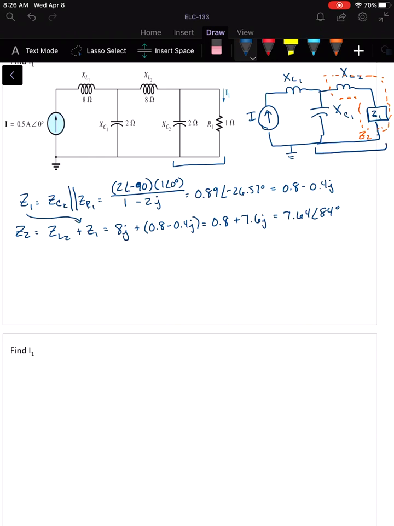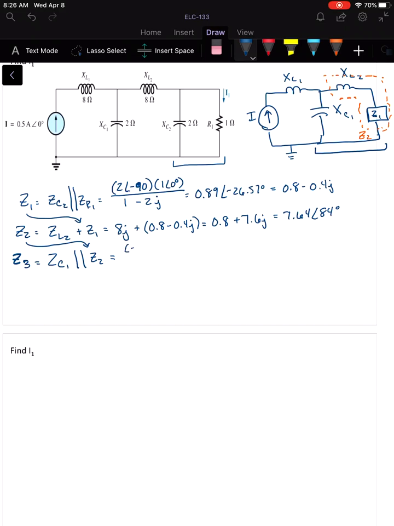At this point, I would combine the Z2 and the ZC1, and we'll just call that Z3. So ZC1 in parallel with Z2. So that's going to go down here. So again, we could do product over the sums for that.